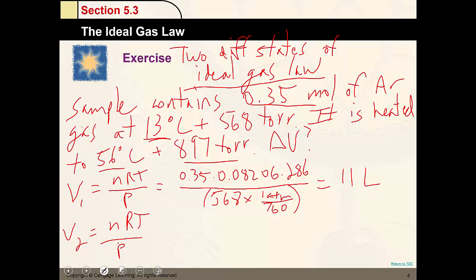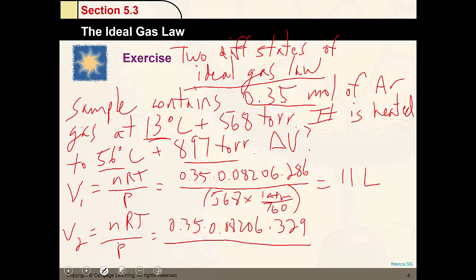Now for the second state, we're still using the same rearranged ideal gas law. And remember we said it's the same number of moles. R is always constant. But now we have a new temperature, 56 plus 273, which is 329 Kelvin.